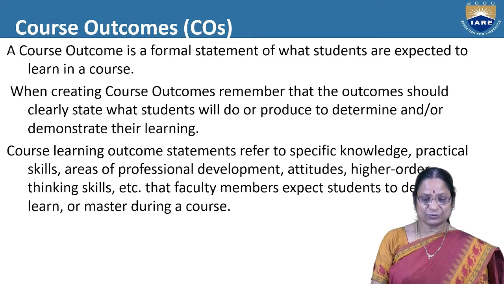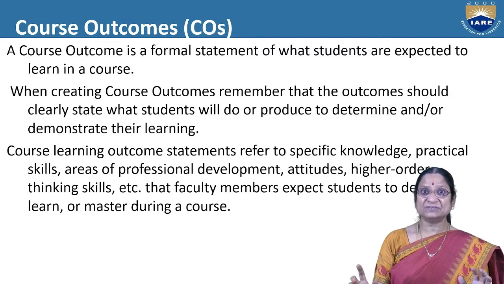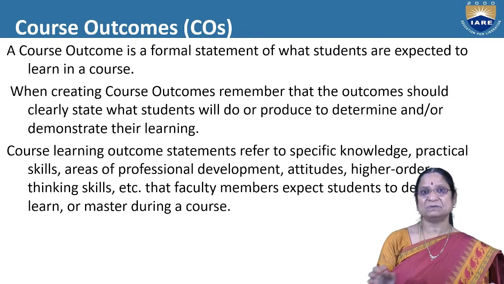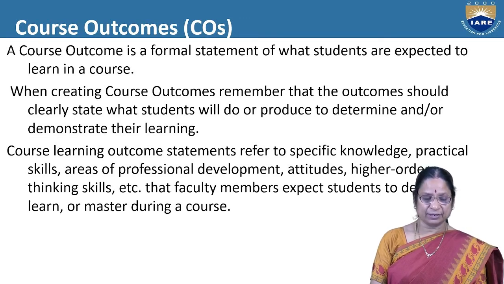When creating a course outcome, we have to remember that outcomes should clearly state what the student will do or produce to determine or demonstrate what they learn. These course learning outcome statements refer to specific knowledge related to the course, related to some specific topic or area, knowledge acquired, practical skills acquired, areas of professional development, their attitude, higher order thinking skills.